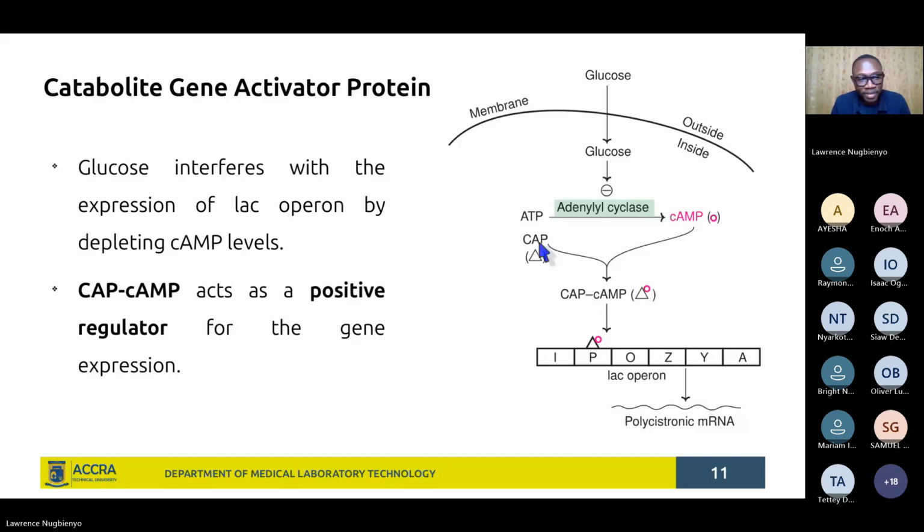And mind you, you are having a catalytic activator protein, which forms a complex with cyclic adenosine monophosphate, which acts as a positive regulator. You see it here on the promoter region. You have a triangle with a small red circle on it, just to show the complex, where you have the triangle referring to the catalytic activator protein and the red circle referring to the cyclic adenosine monophosphate.